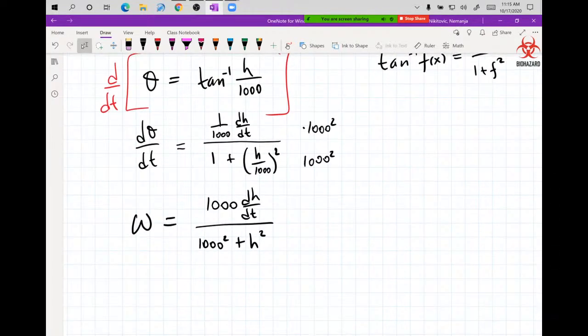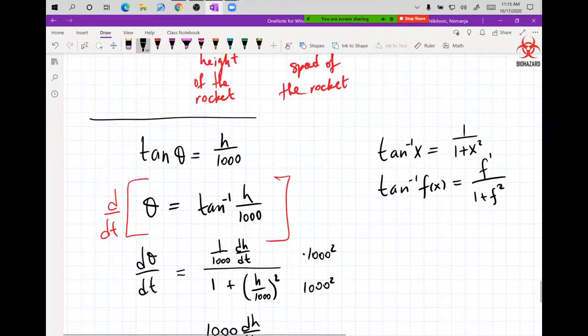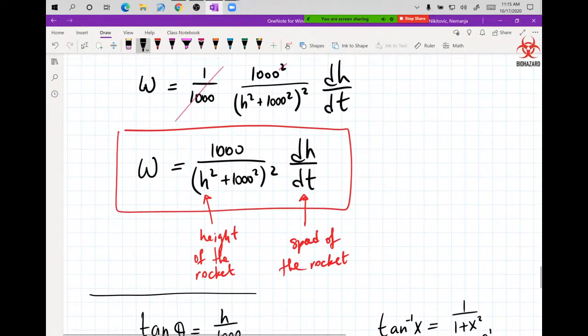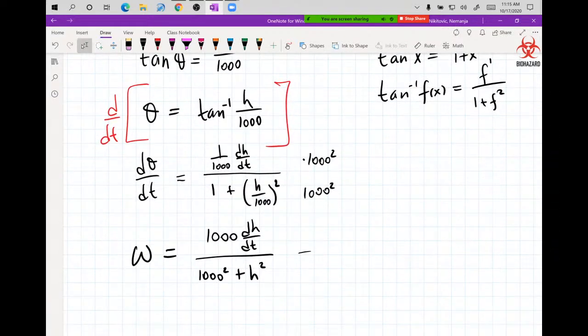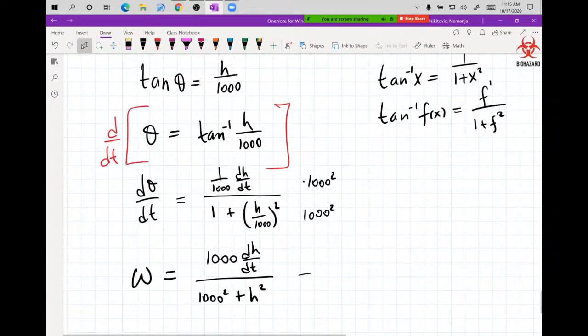Oh, I forgot. No, that's so good. Right, so it's equal to... I have an extra squared over here, times dh/dt. Did I lose something? Don't you have that extra squared because of the Pythagorean theorem?